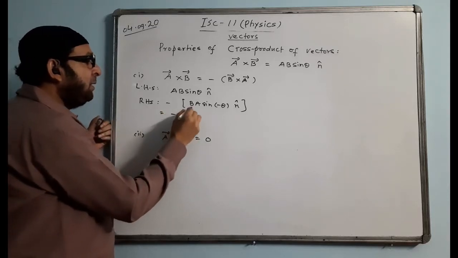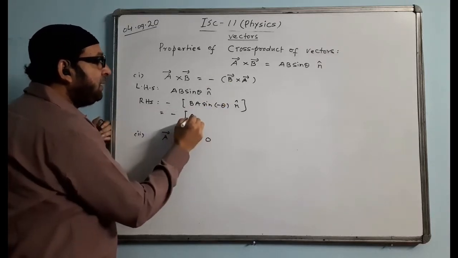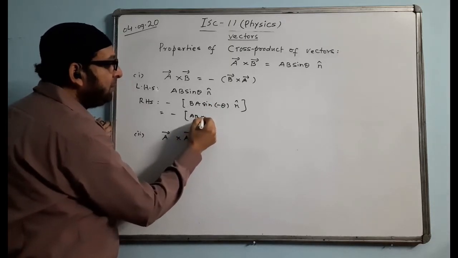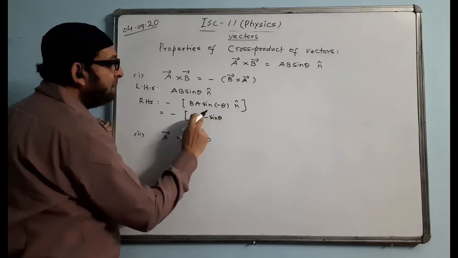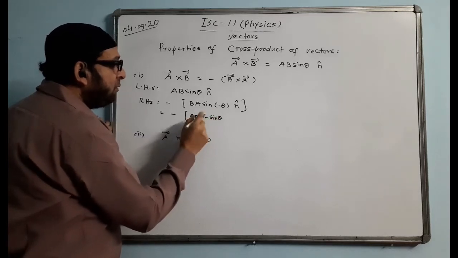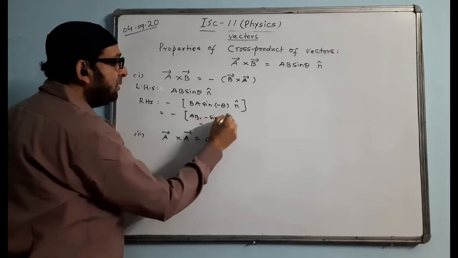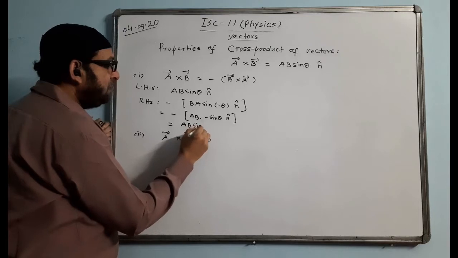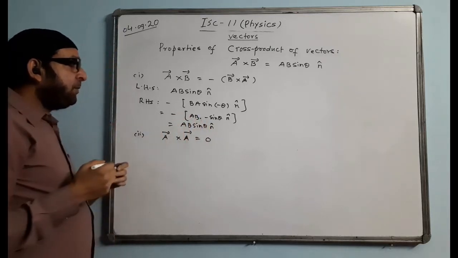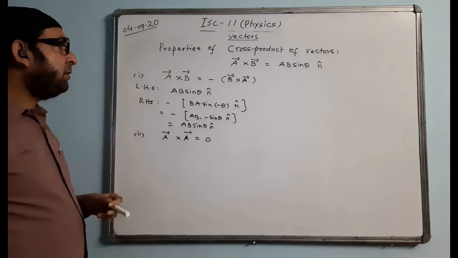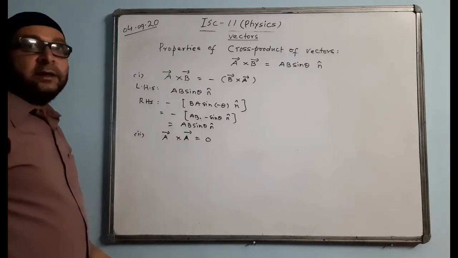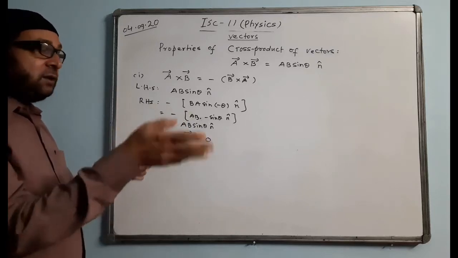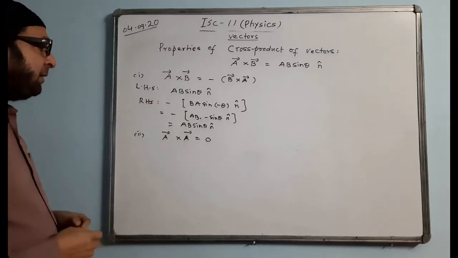We write minus BA, and AB is the same thing, so we can write AB in this order, and sin of minus theta becomes minus sin theta. So minus into minus sin theta n cap, minus minus becomes plus, so AB sin theta n cap. Then both sides are equal. That is, in the cross product, when we reverse the order, we have to give a minus sign, like C cross D will be equal to minus D cross C.